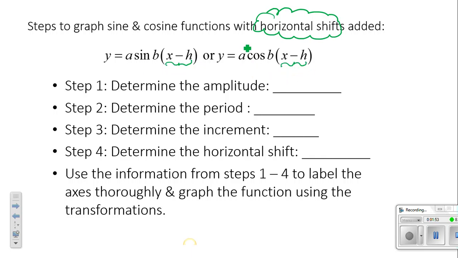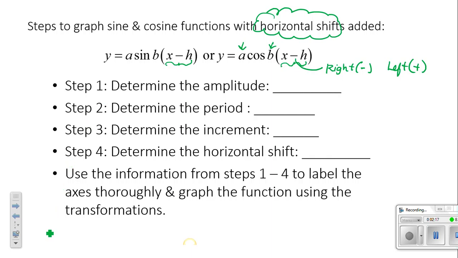Okay, so we still have our amplitude, we still have our B, that affects our period and our increment, and now we're going to shift it either left or right. Okay, so when we have a negative, that's a right shift, and when we have a positive, a left shift would be a plus sign, because remember, it's the opposite of what's inside the parentheses.